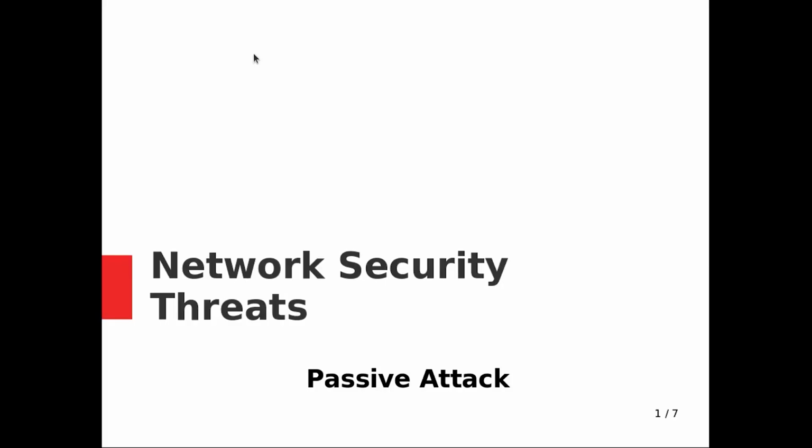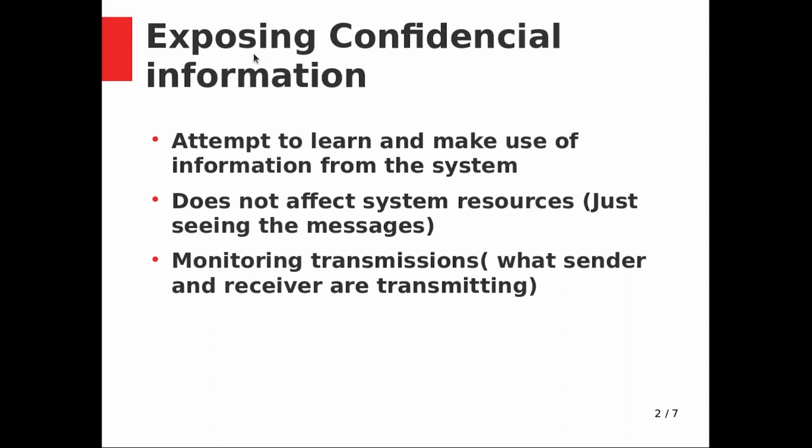Passive attack: exposing confidential information, attempting to learn and make use of information from the system. It does not affect system resources; it is just seeing the messages, monitoring transmission, what sender and receiver are transmitting.